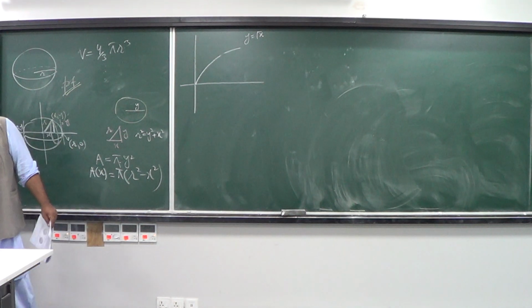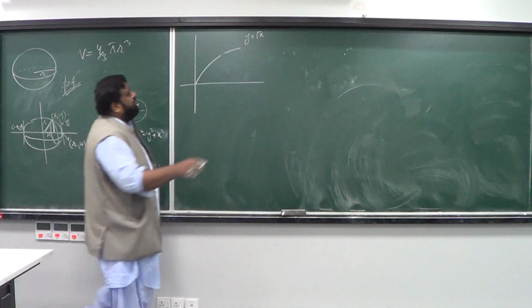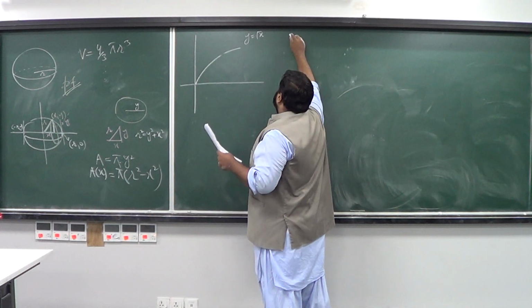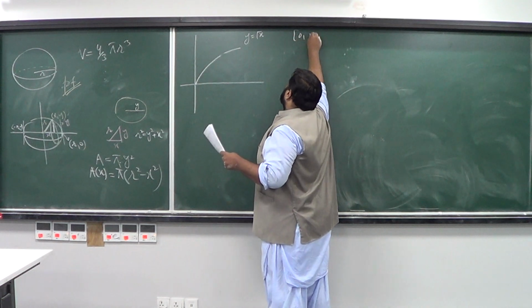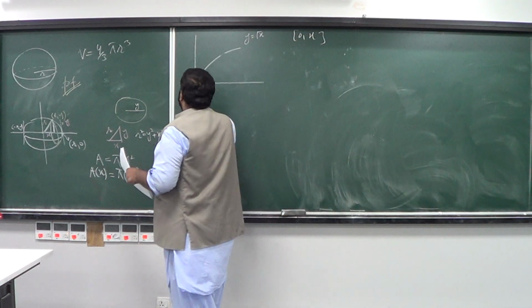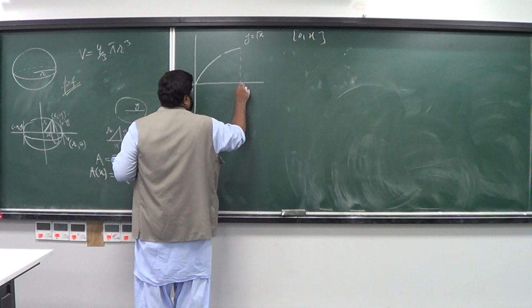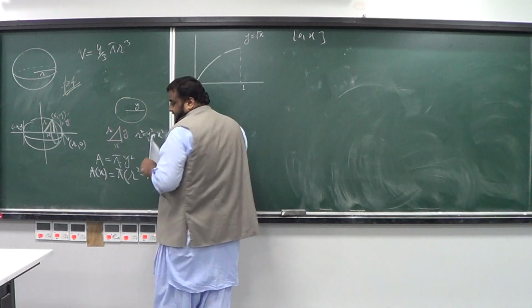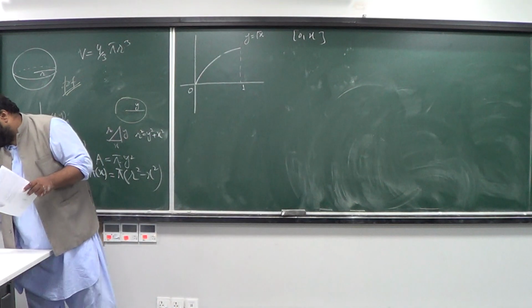The question is, what is the volume of this picture? In other words, take y equal to square root of x on the interval 0 to 1. It starts from 0 and ends at 1, and then rotate it. When you rotate it, what are you going to get?